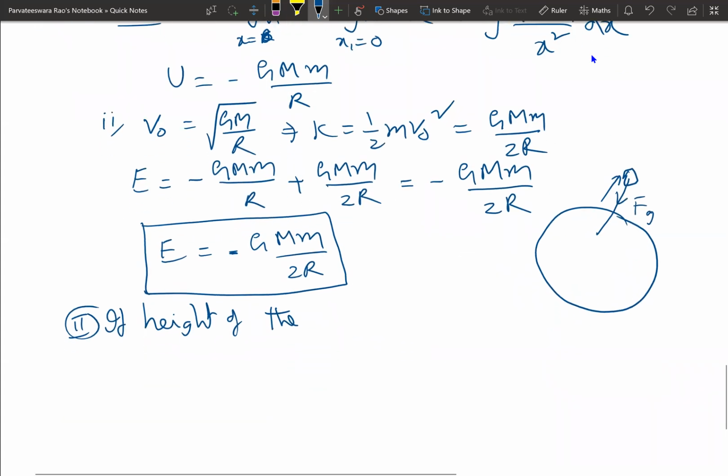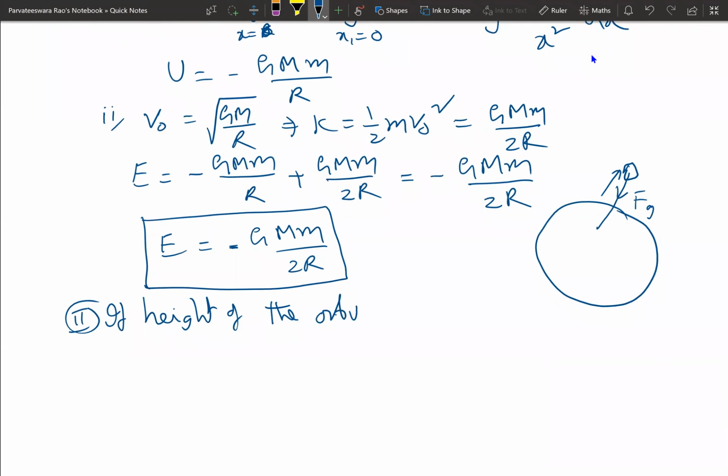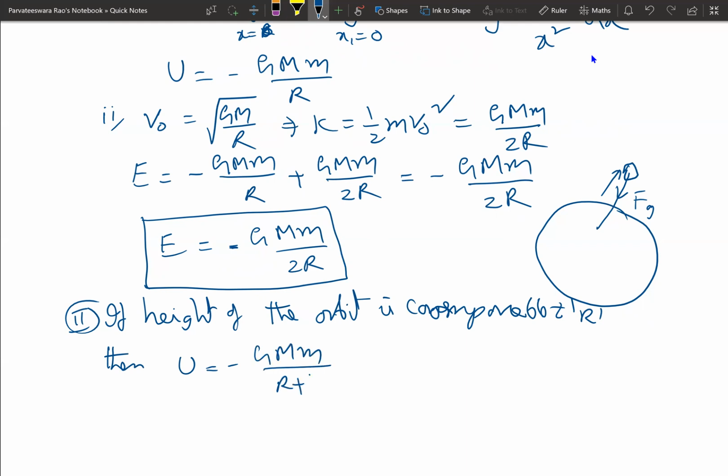And here, if the height of the orbit is considerable or comparable to the Earth's radius, then potential energy will become g capital M small m by r plus h.